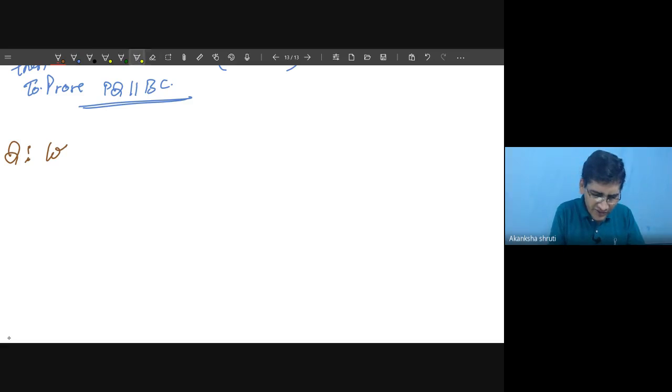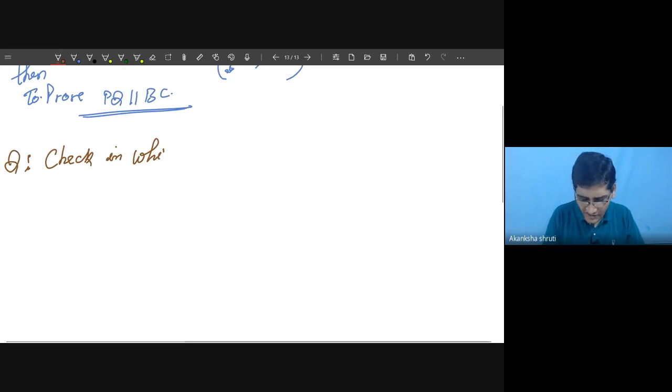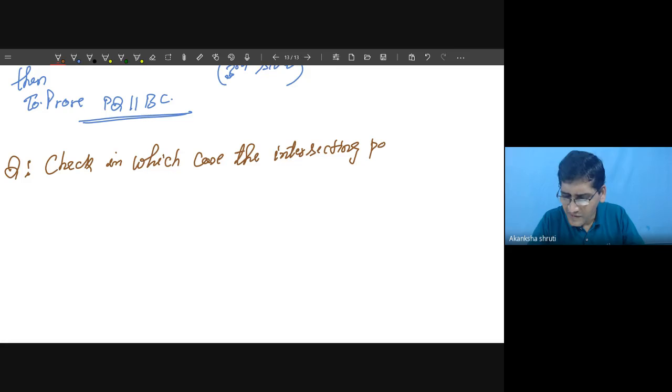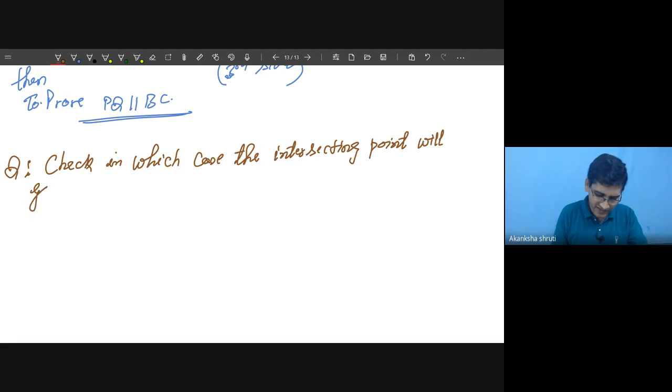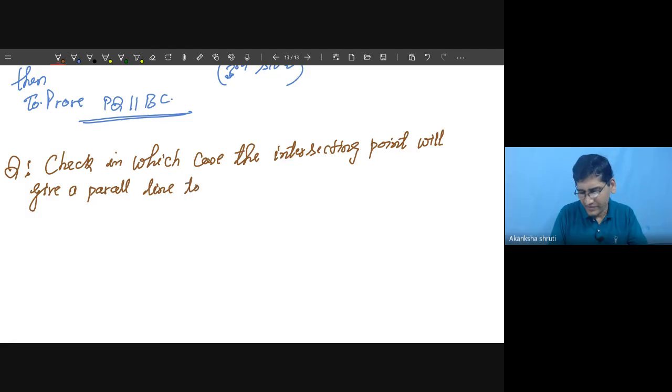So check in which of the cases, write down a question. Check in which case the intersecting point will give a parallel line to the third side.